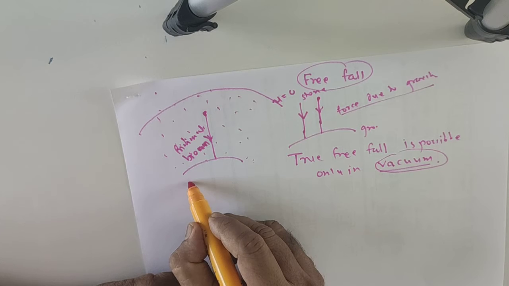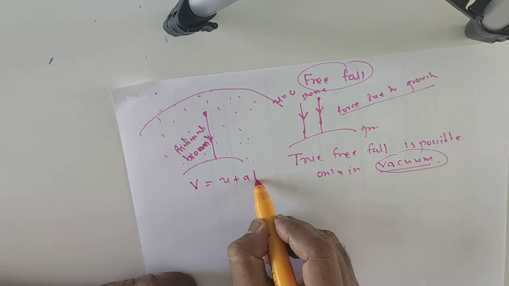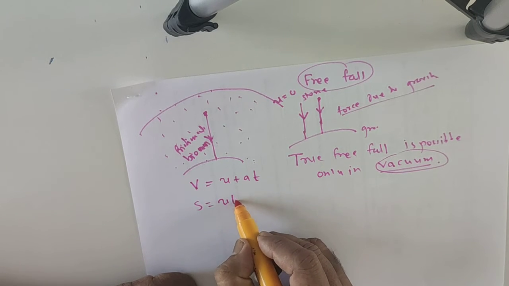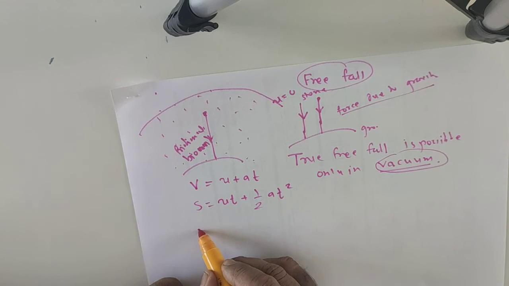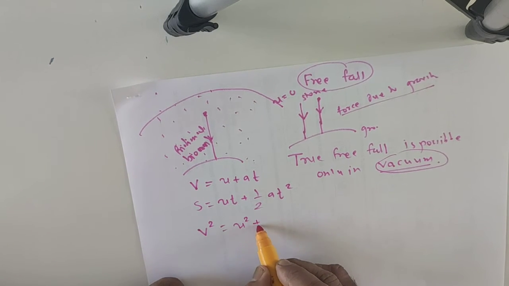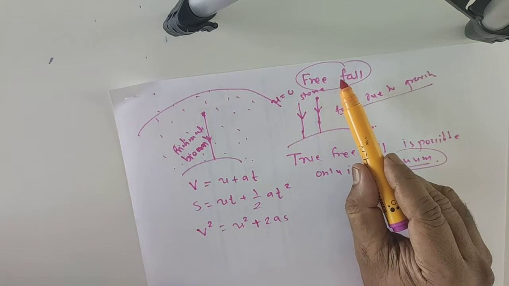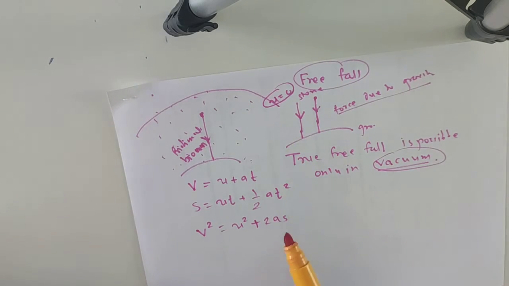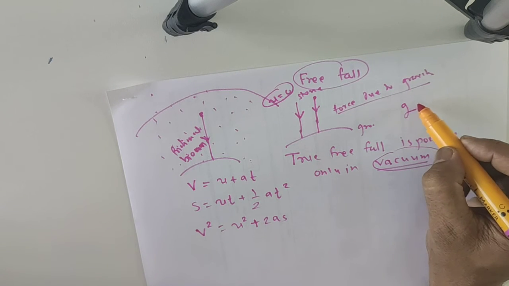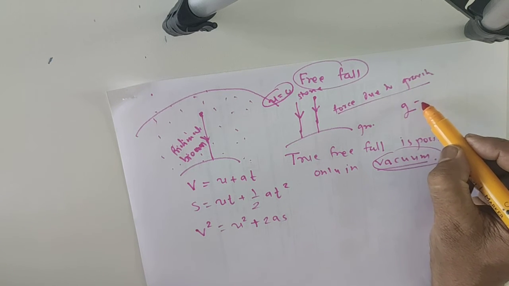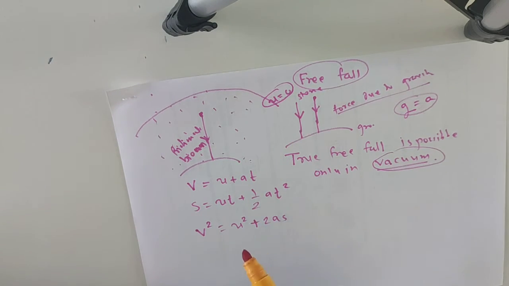Here we know the equations of motion: v is equal to u plus at, s is equal to ut plus half at square, as well as v square is equal to u square plus 2as. When we consider free fall, then u is equal to 0, and g is the gravitational acceleration, therefore we replace a with g and u with 0.